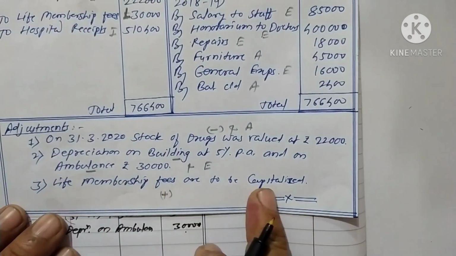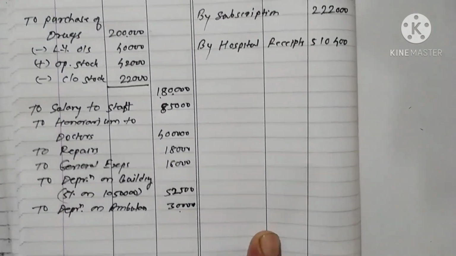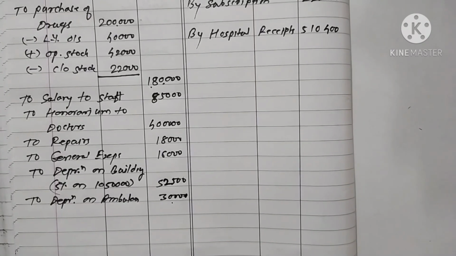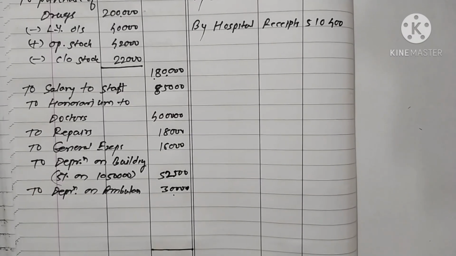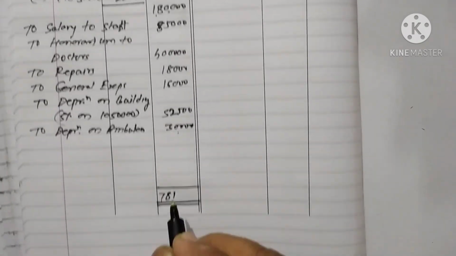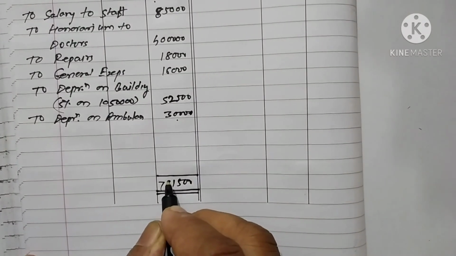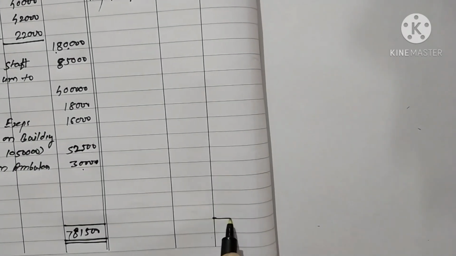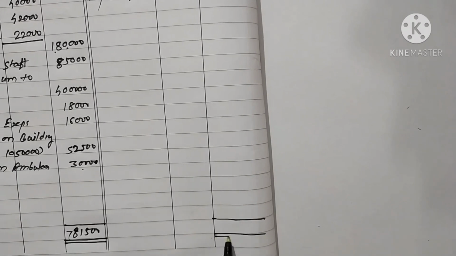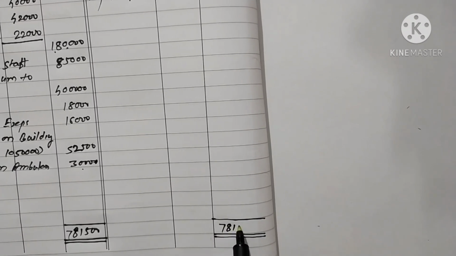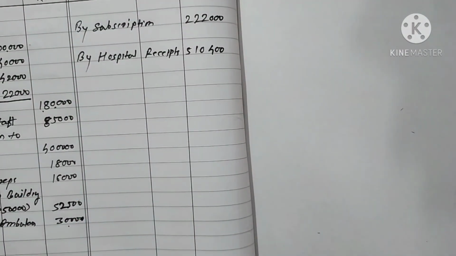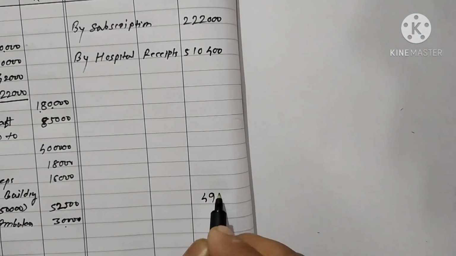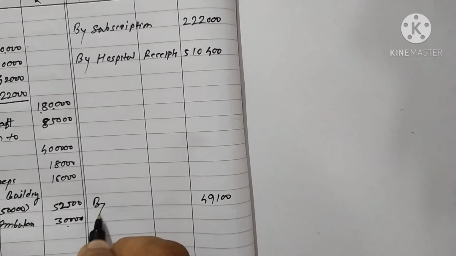Okay, now we go to close the income and expenditure account. Debit side is greater than credit side. First we write the total of the debit side, 7,81,500. We write it on the credit side, 7,81,500. From this total we subtract these figures and the answer comes to rupees 4,900, which is a deficit.